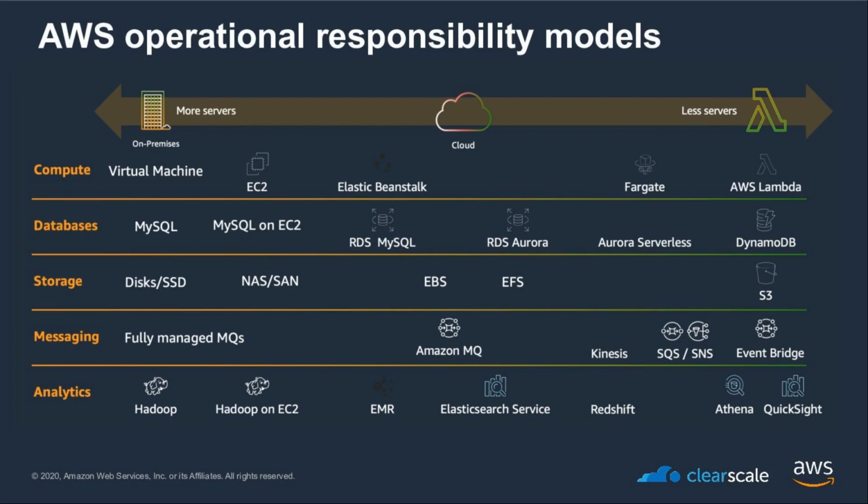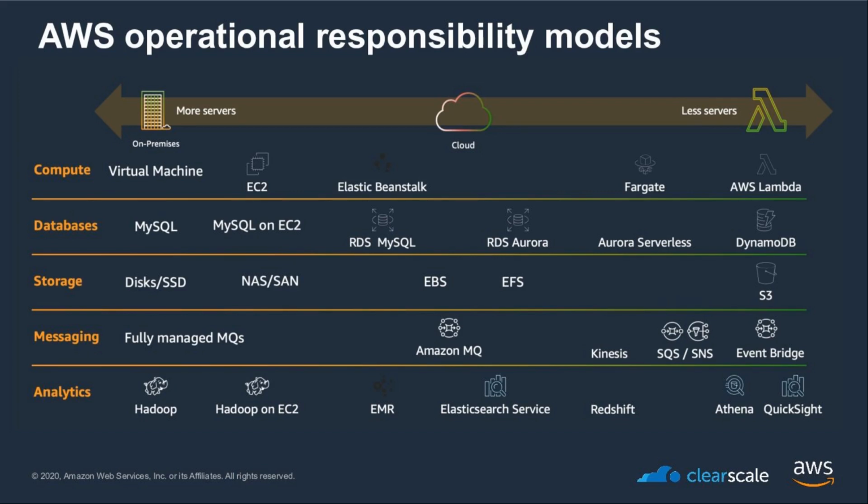In this example, we can look at database as one of the domains, where you can utilize EC2 and leverage its power and flexibility to run your own database. Or you can use something like RDS to offload some of the management of the database, or Aurora Serverless or DynamoDB to completely offload the database storage infrastructure and backend management.